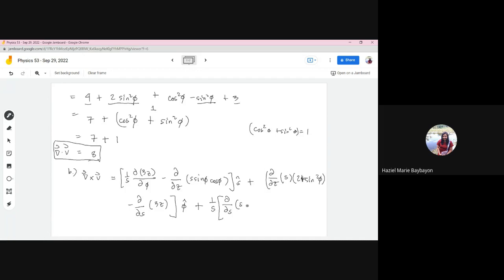So you have S times, so kining S diri kas kay nani siya daan sa equation. Tapos kini siya, this is your V phi. So you have S sine phi cosine phi. Minus the partial derivative with respect to phi of S, and then you have 2 plus sine squared phi.